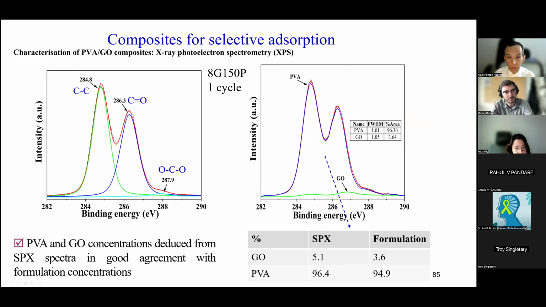We can identify the different chemical bonds, and by deconvolution of this graph, you can obtain the composition of graphene oxide inside the polymer matrix. So with this kind of study, we confirm a good synthesis, a good oxidation and a good exfoliation.